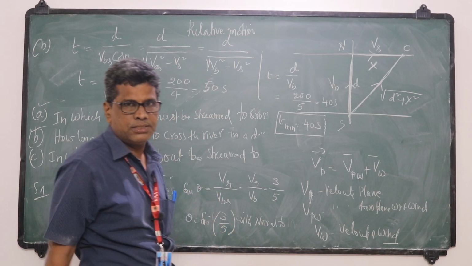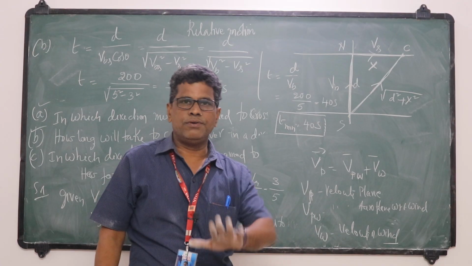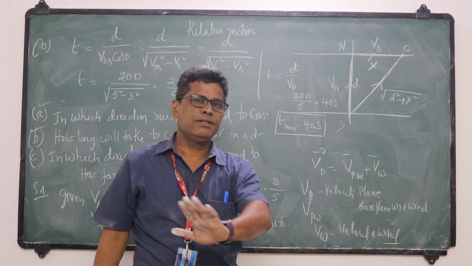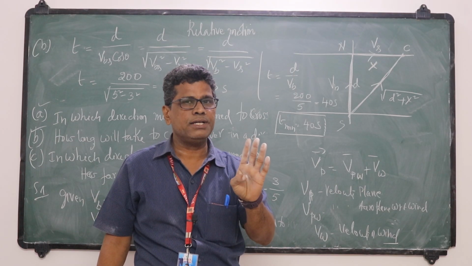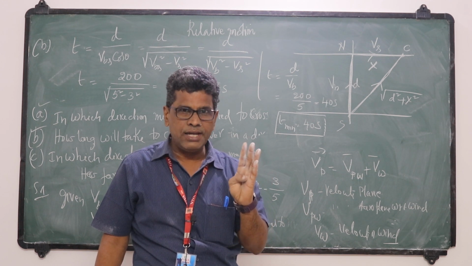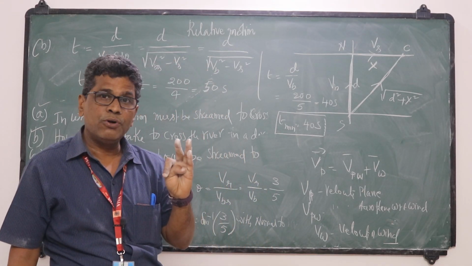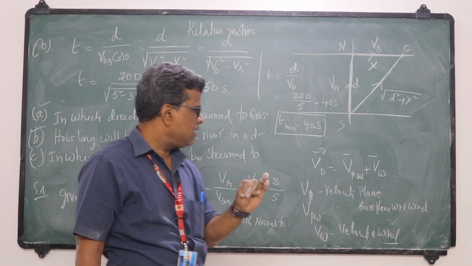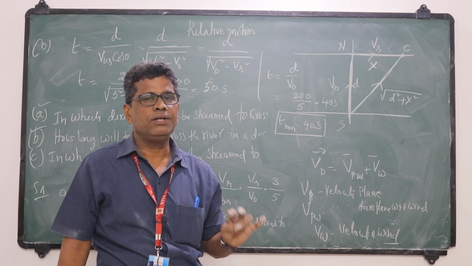Okay, clear? These are a few applications of relative motion. With this I completed the concept of relative motion. The applications we discussed: rain and umbrella problems, river boat problems, distance of closest approach, and aeroplane wind problems.